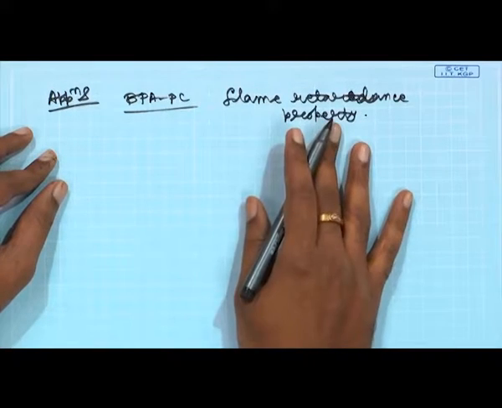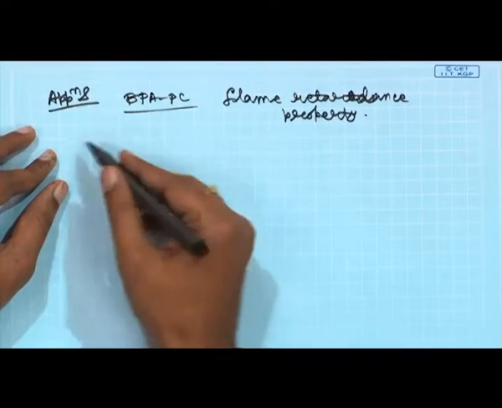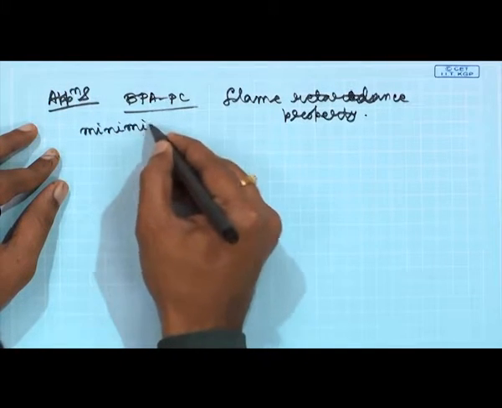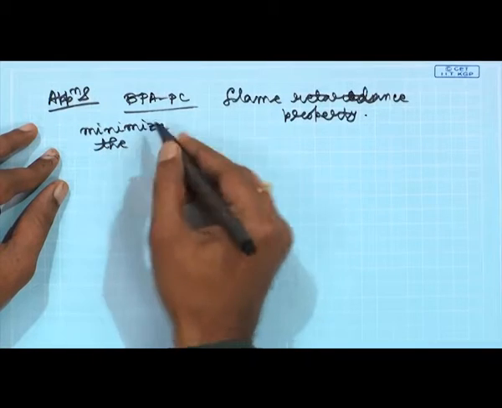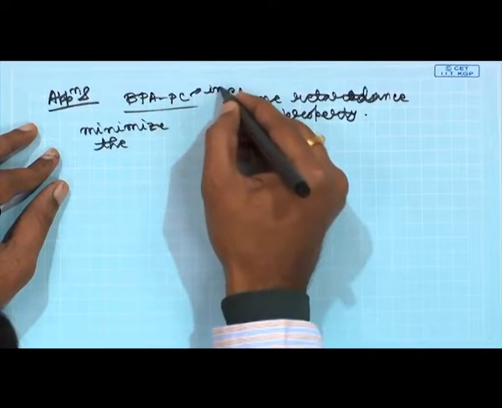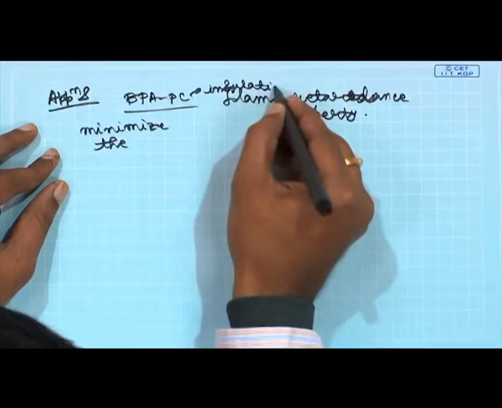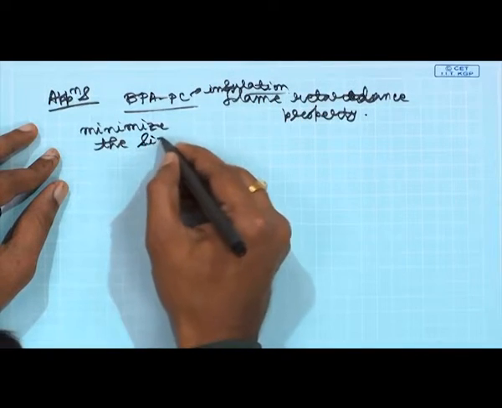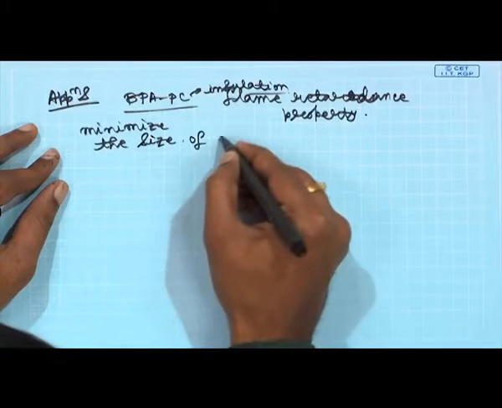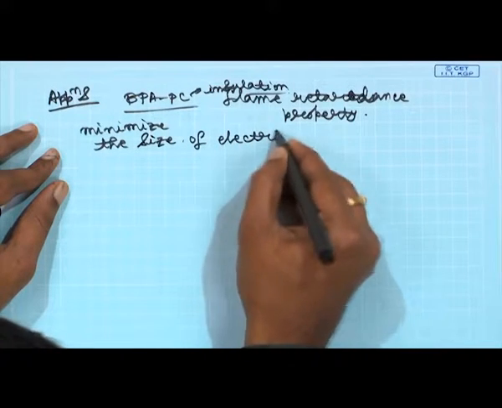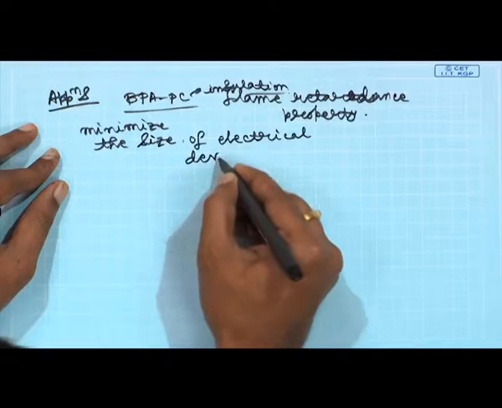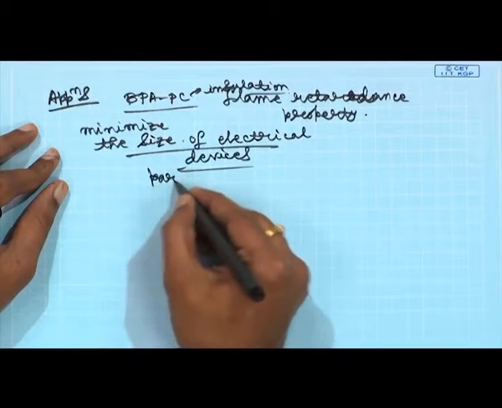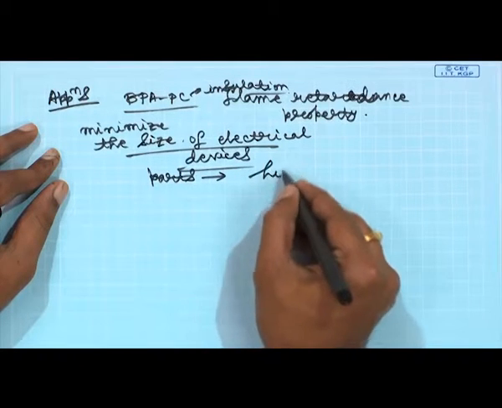Now, when you are trying to minimize the size of your electrical devices, what you need are parts with high heat resistance.